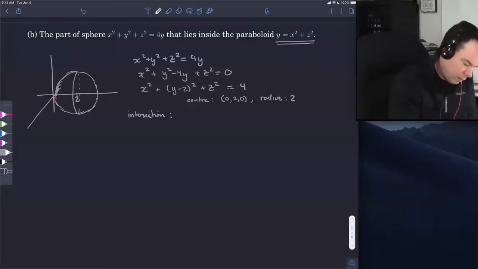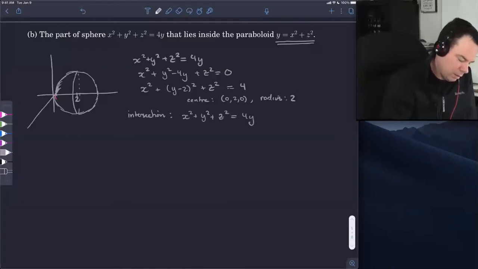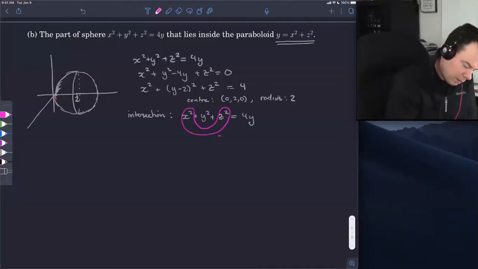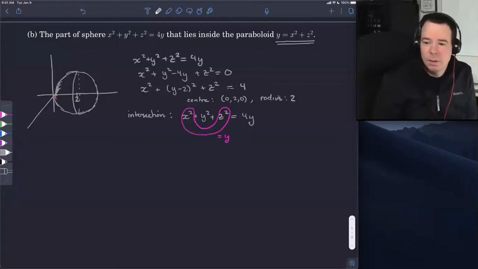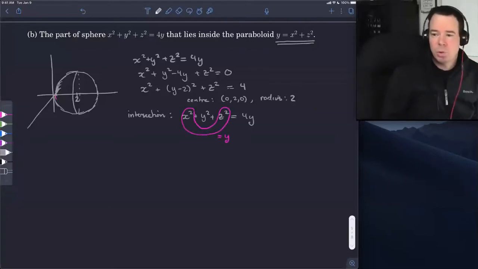So we've got x squared plus y squared plus z squared is 4y. That is our sphere. When we look for the intersection with the paraboloid, I see that this x squared plus z squared is equal to y, because that's what the set of points on the paraboloid satisfy.